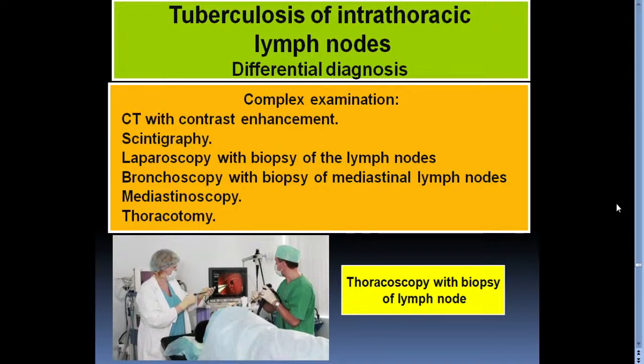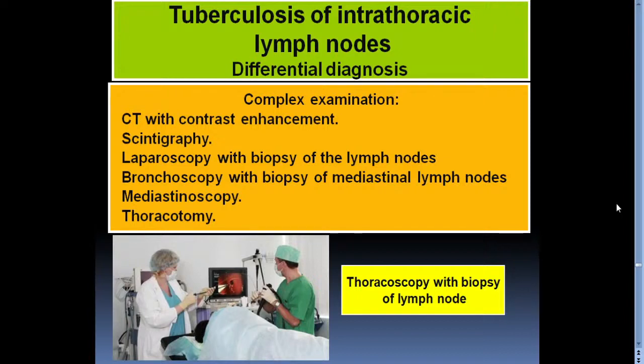For differential diagnosis of tuberculosis of intrathoracic lymph nodes and other diseases, use a complex examination. It must be CT scan with contrast.